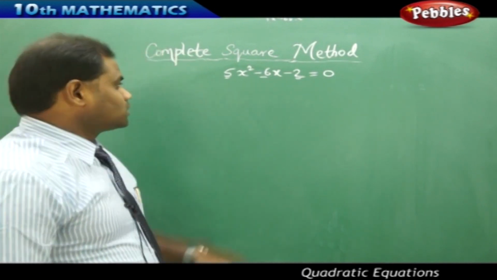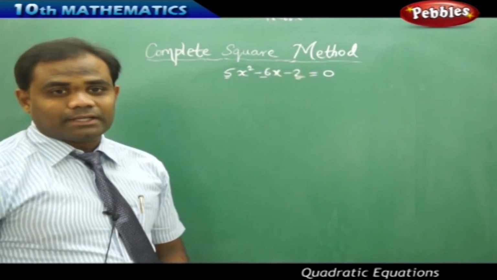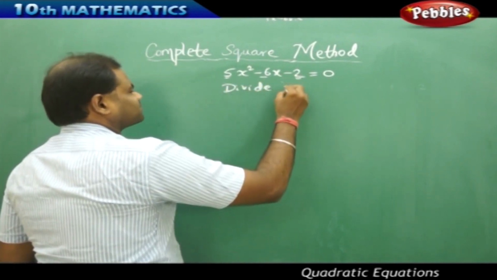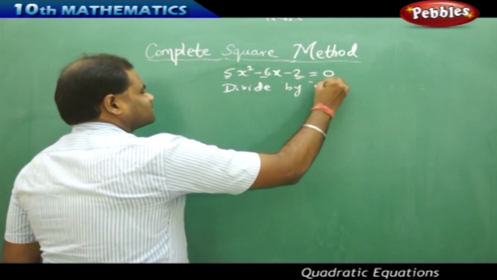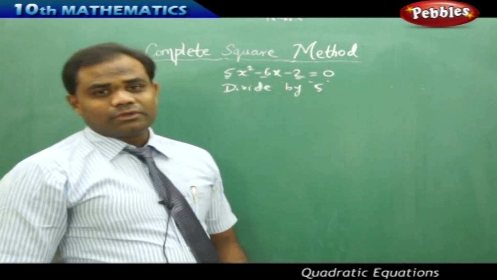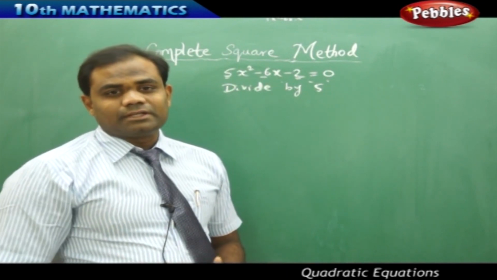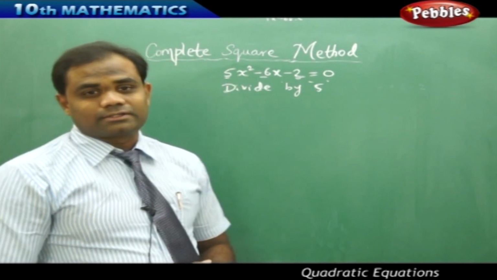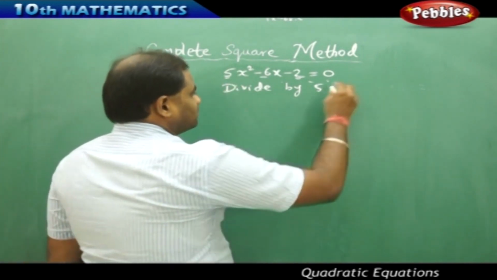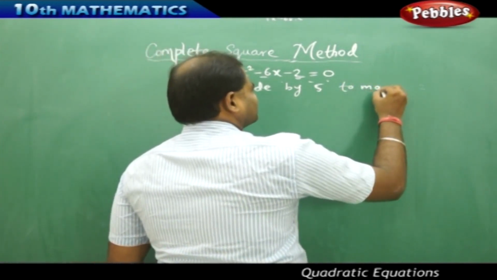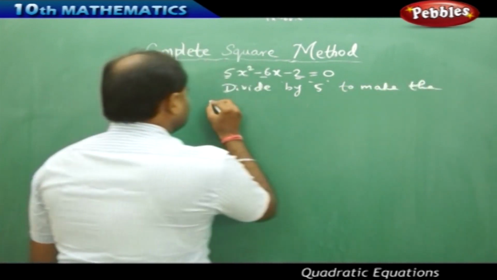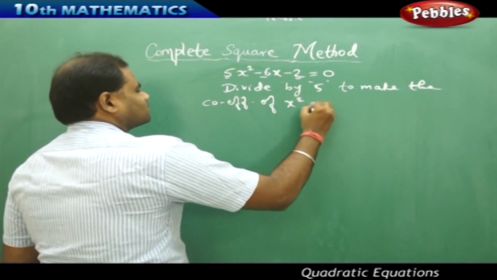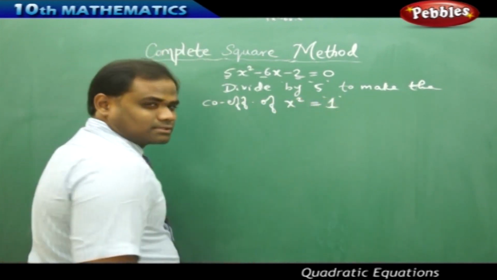And hence the first step is I divide the whole equation by 5. The entire quadratic equation is divided by 5. The reason being that step 1 says that I always need to make the coefficient of x squared equal to 1. Divide by 5 to make the coefficient of x squared equal to 1 always.